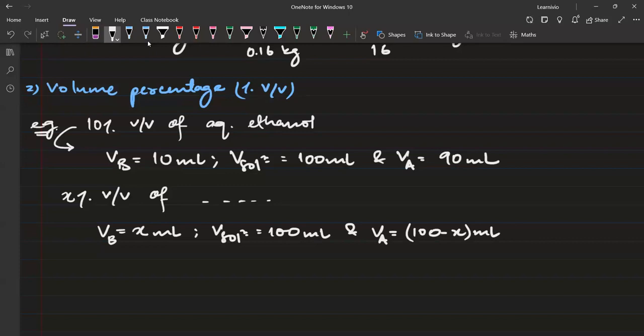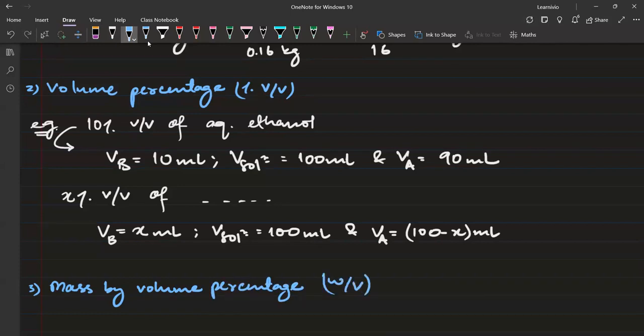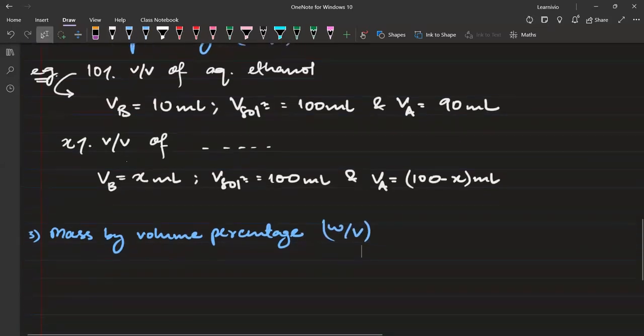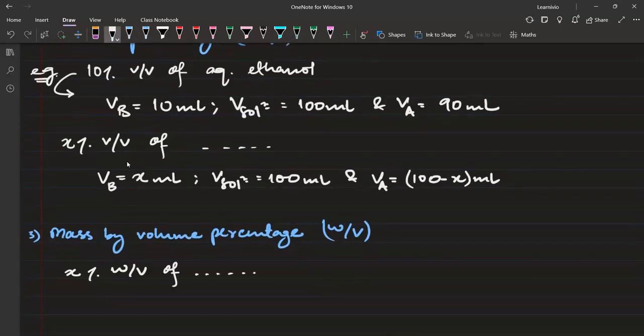Similarly, you will have mass by volume percentage. This is represented by W upon V. Here, if you have been given X percentage W upon V of something, this would mean the mass of solute is equal to X grams, and the volume of solution is equal to 100 ml.